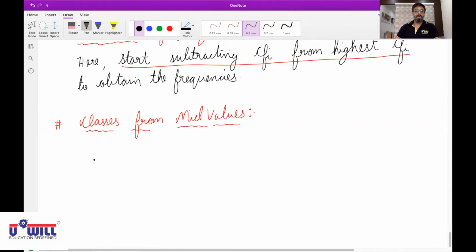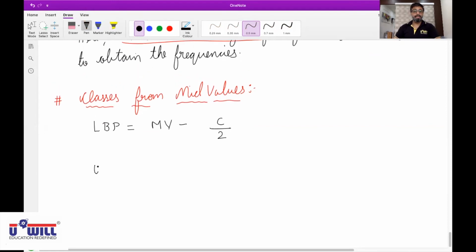Write down. Lower boundary point will be equal to mid value minus half of class length. Upper boundary point will be equal to mid value plus half of class length.